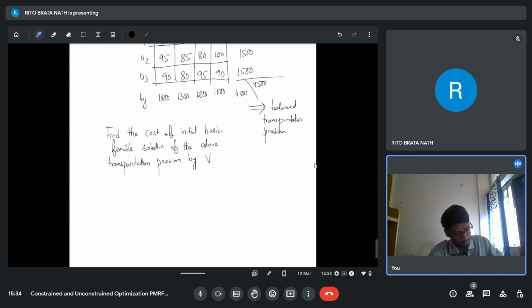So that's Vogel's approximation method, right? Okay, so in this, let me start solving this.